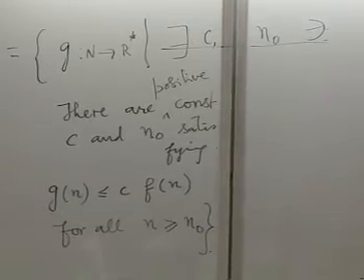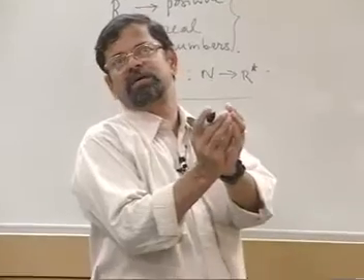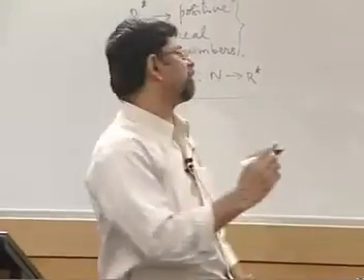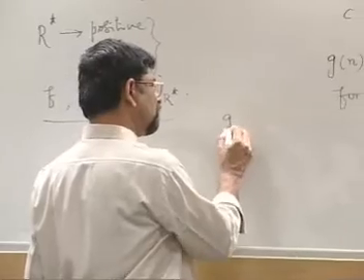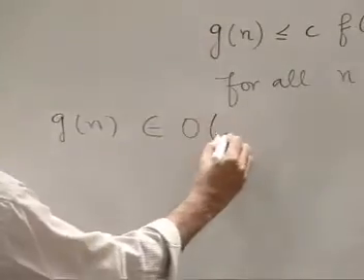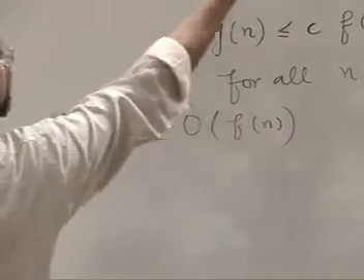If a function g of n is big O of f of n, we write as follows: g of n belongs to big O of f of n. So notice that big O of f of n is a set.